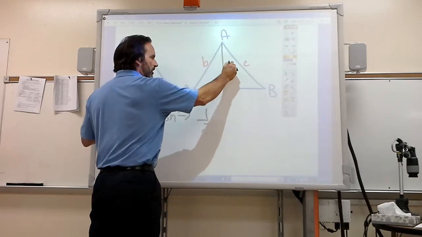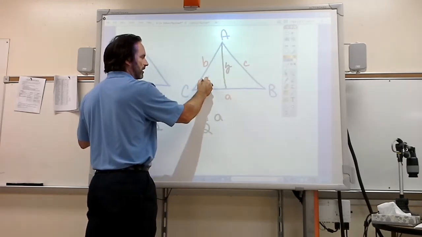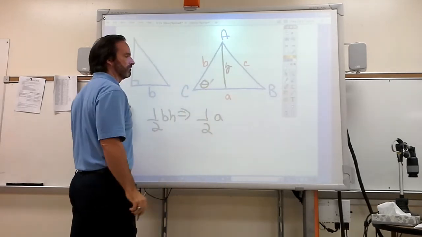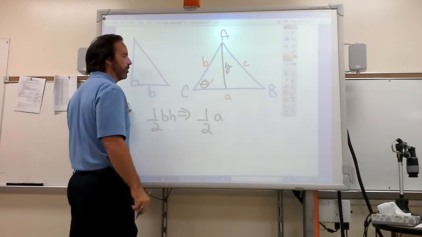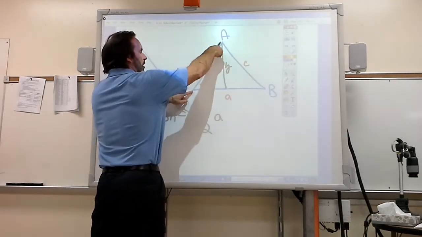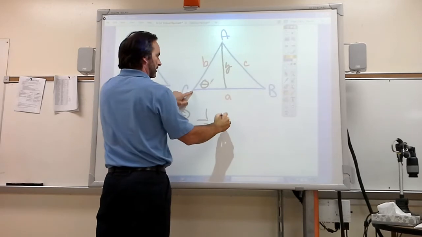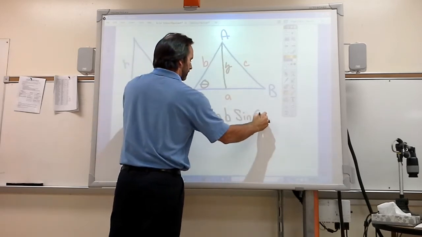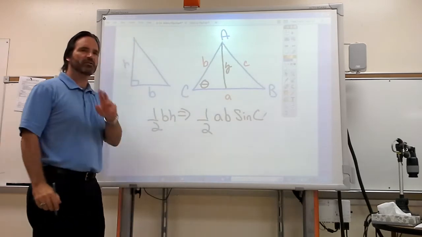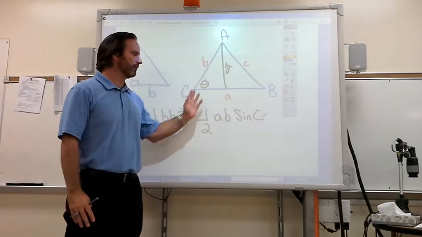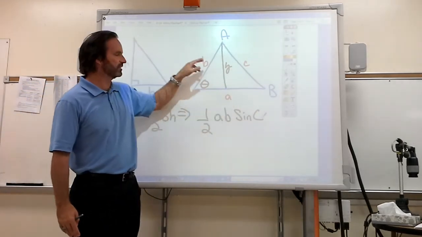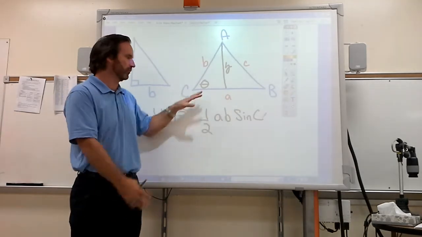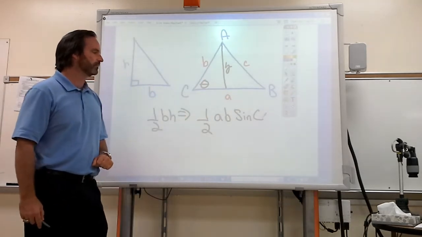That y component is going to be r sine theta, or angle C, and this r is b. So 1/2 a b sine of C. That's one of the formulas. They're all the same. Whatever you label your base, this could be 9, and we plug in numbers for all this.